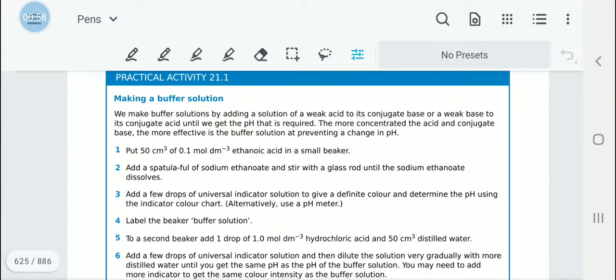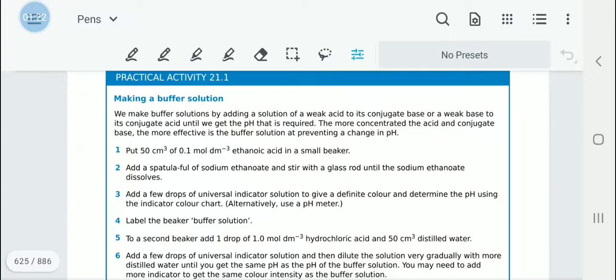So if you take 50 cubic centimeters of 0.1 mole per cubic decimeter ethanoic acid into a beaker and add a spatula full of sodium ethanoate into that and dissolve it, we will get a solution of the weak acid and its conjugate base.